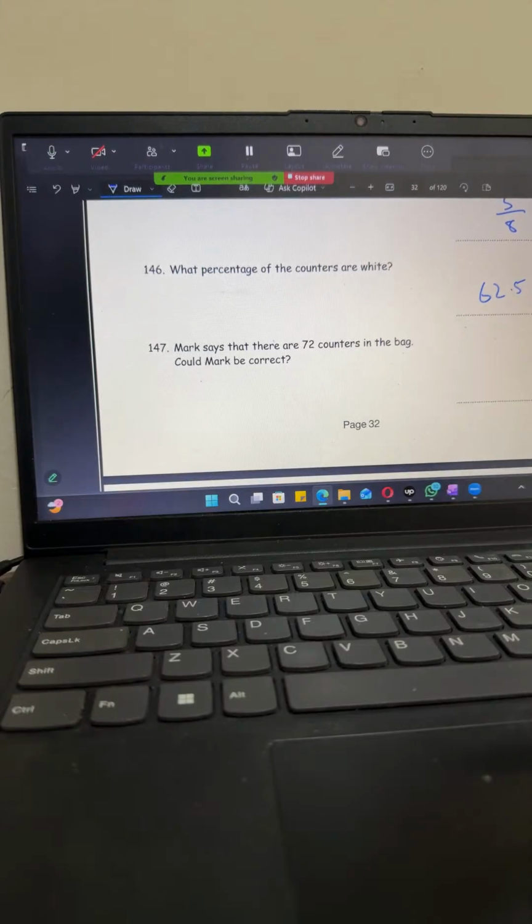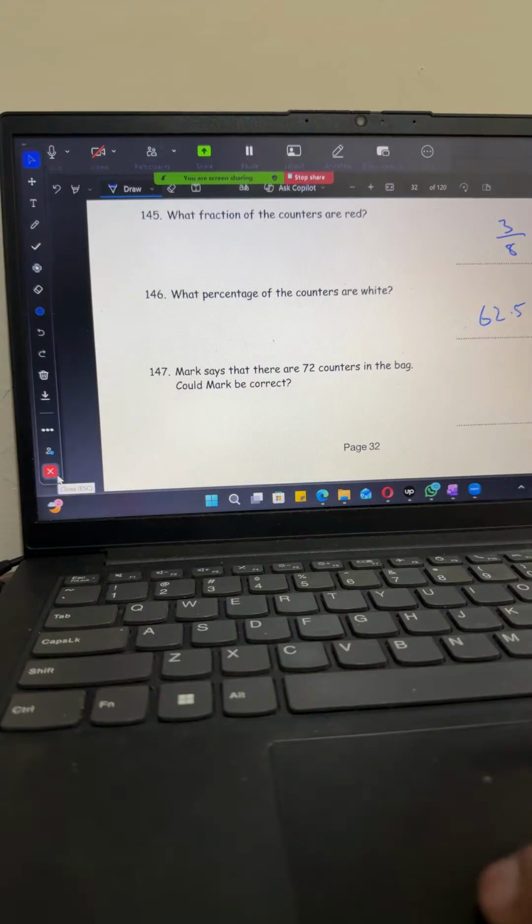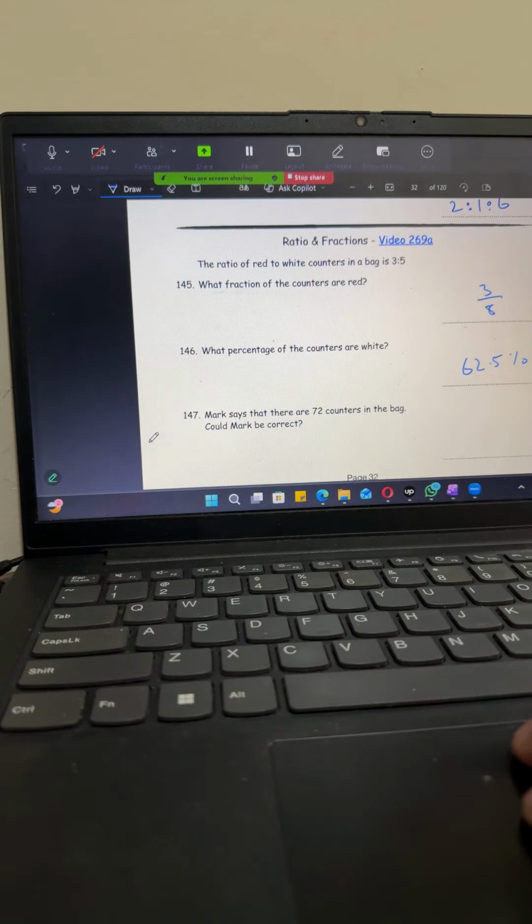Mark says that there are 72 counters in the bag. Could Mark be correct? What are they asking over here? What is your thought process about this one?